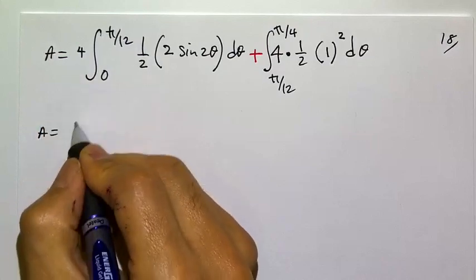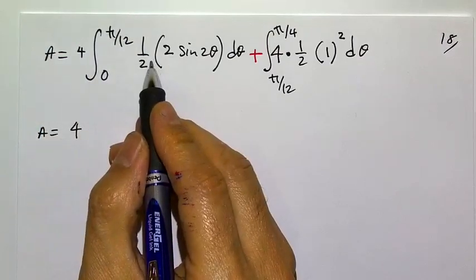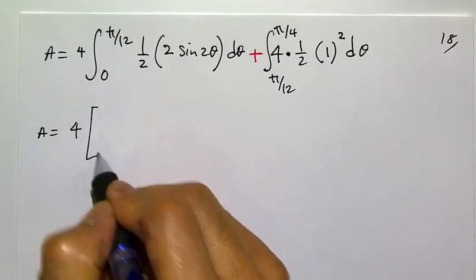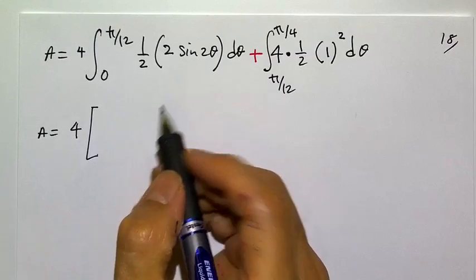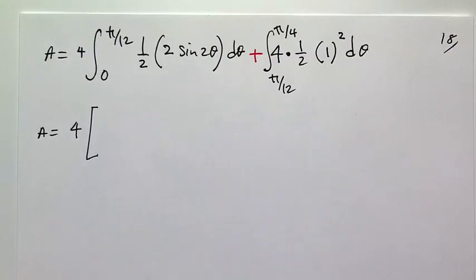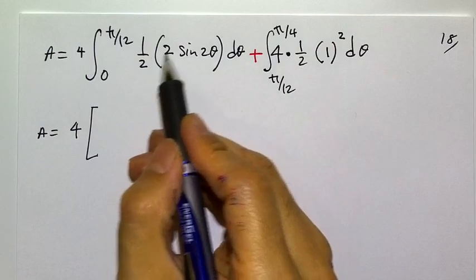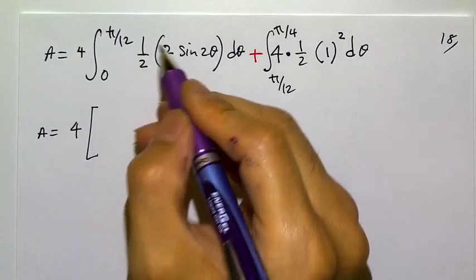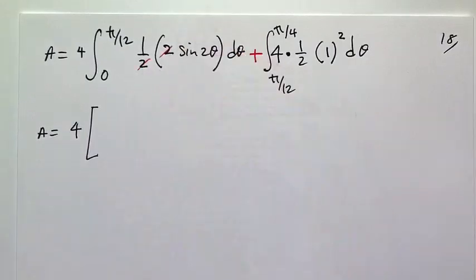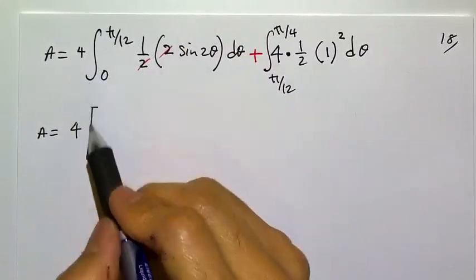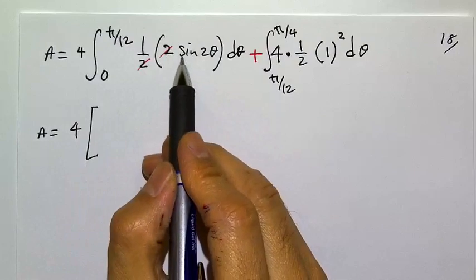So this is 4 times, and then we have minus, let's see. So these two simplify, right? So this and this simplify, but I'm going to keep the 4 here.